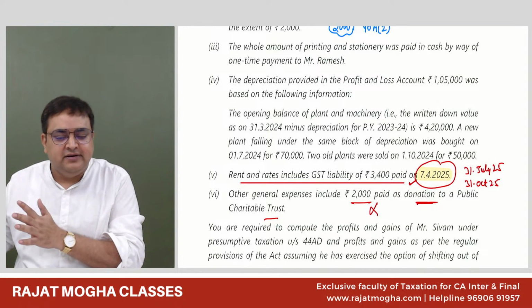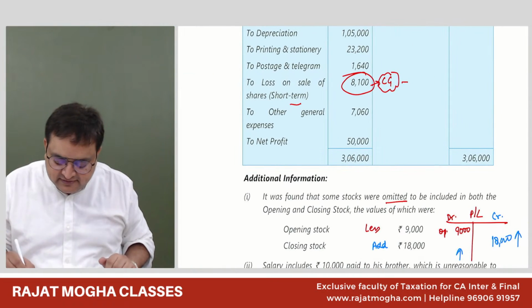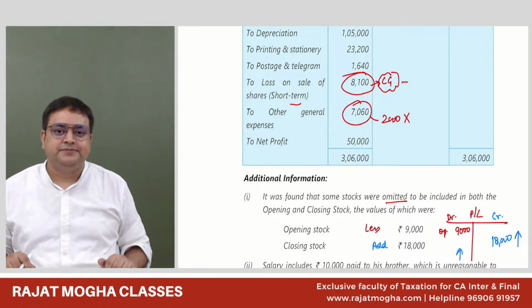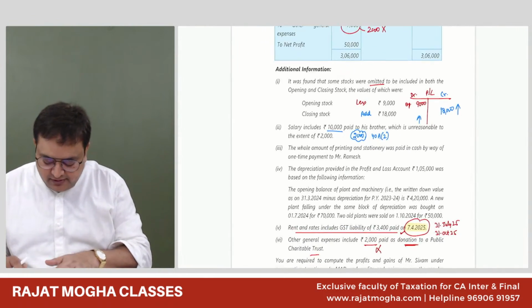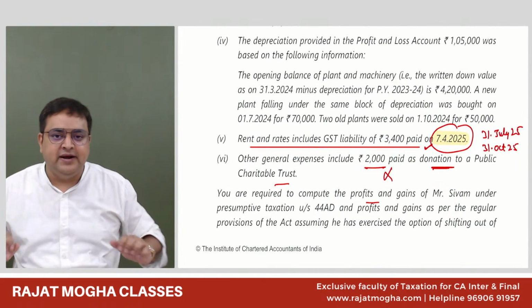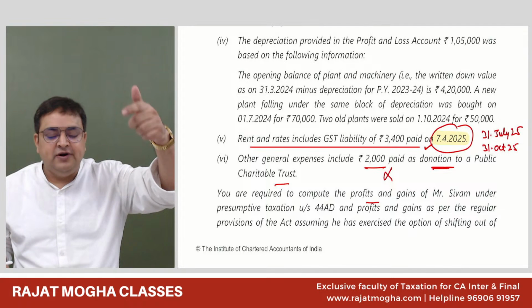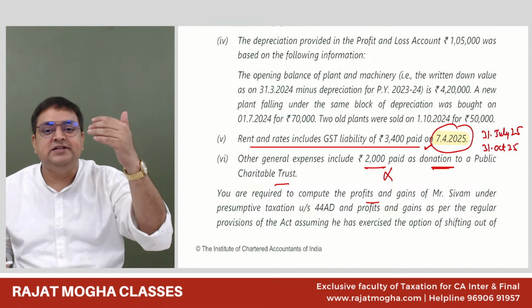It is not a business expense. So this 2,000 shall be disallowed. Understood? 2,000 shall be disallowed. Although we have to compute just PGBP over here, we will be disallowing it over here. But the students who have done deductions also, we understand that it could be allowed under 80G.